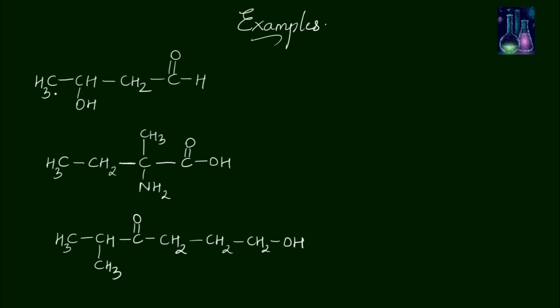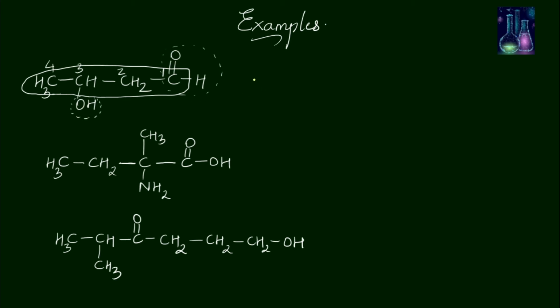identify the longest carbon chain. This is your longest carbon chain, definitely, and this is your aldehyde functional group. Therefore, this will be your first carbon, 1, 2, 3, 4, and the OH alcoholic group becomes the substituent.